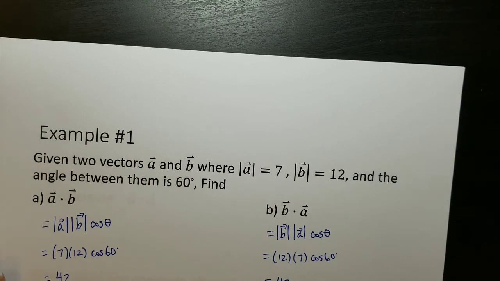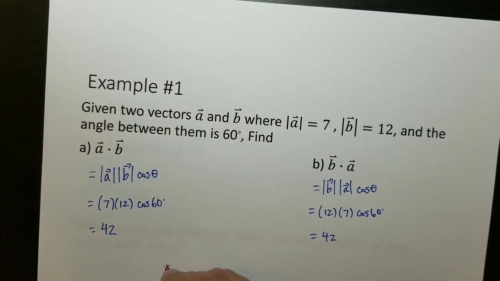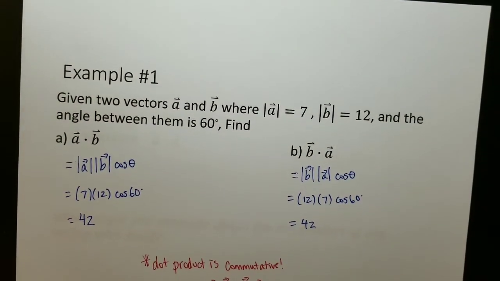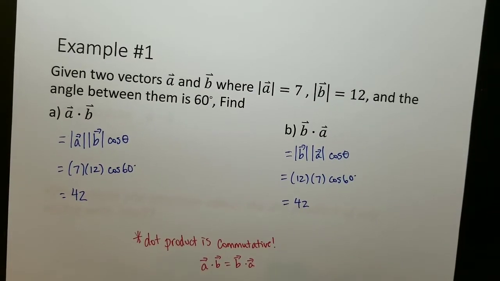You can swap the two vectors around and the result is the same. So vector A dot B equals B dot A. That's not going to be true for all vector operations, but it is true here for the dot product.